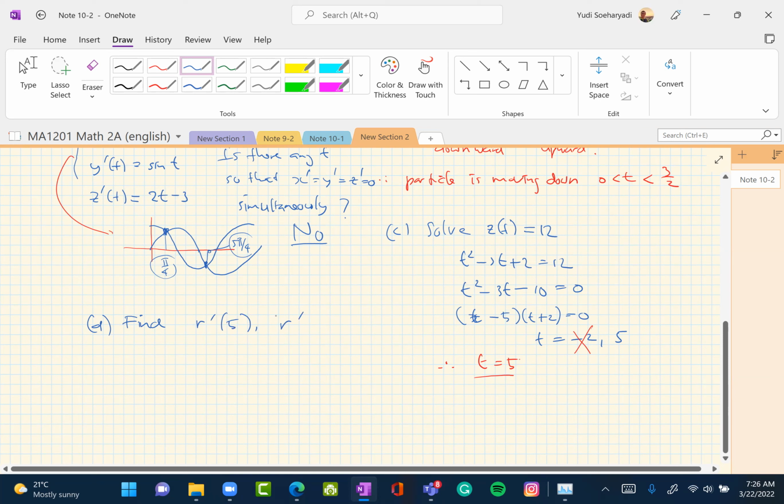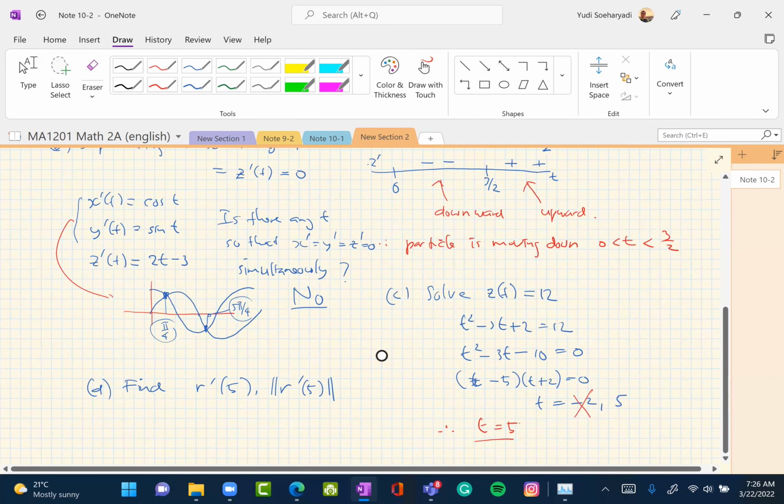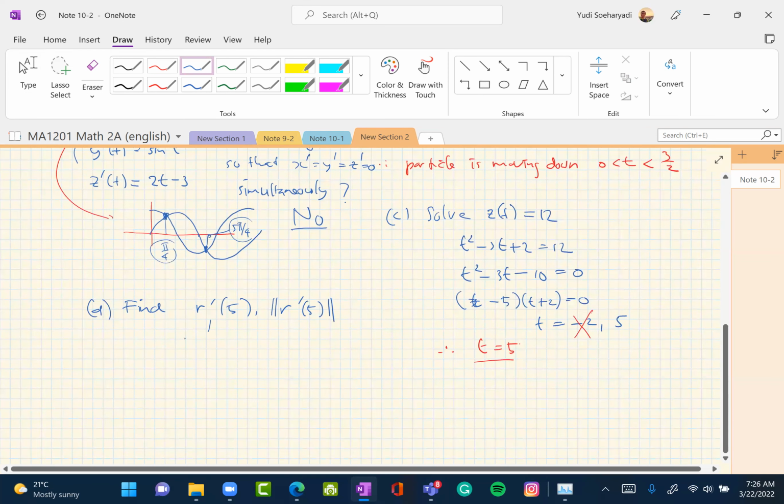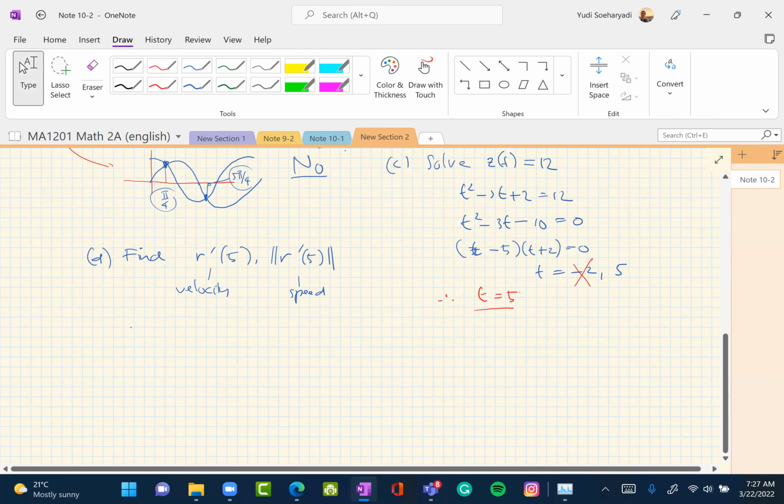And the speed, this is speed. Okay, velocity and speed. This is velocity. This is speed. Okay, so that's easy.